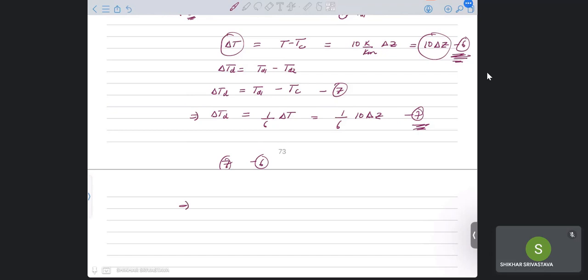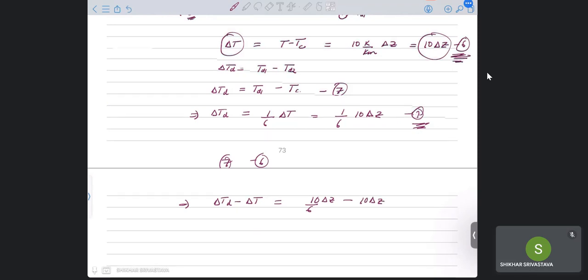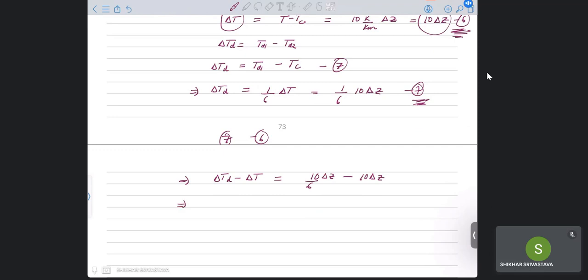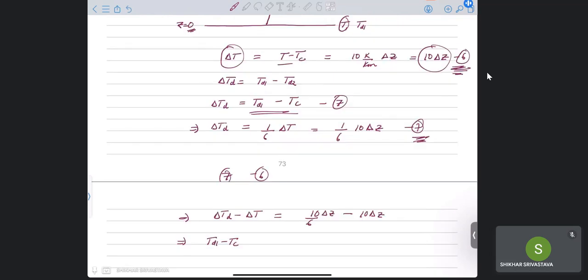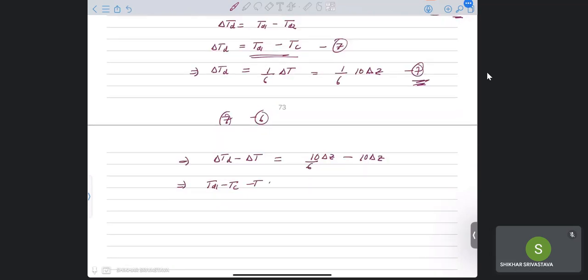When you do 7 minus 6, it is delta Td minus delta T. It is 1 by 6 minus delta T, which is 10 delta Z. And delta Td is Td1 minus Tc, and delta T is T minus Tc. This will become minus 50 delta Z by 6.